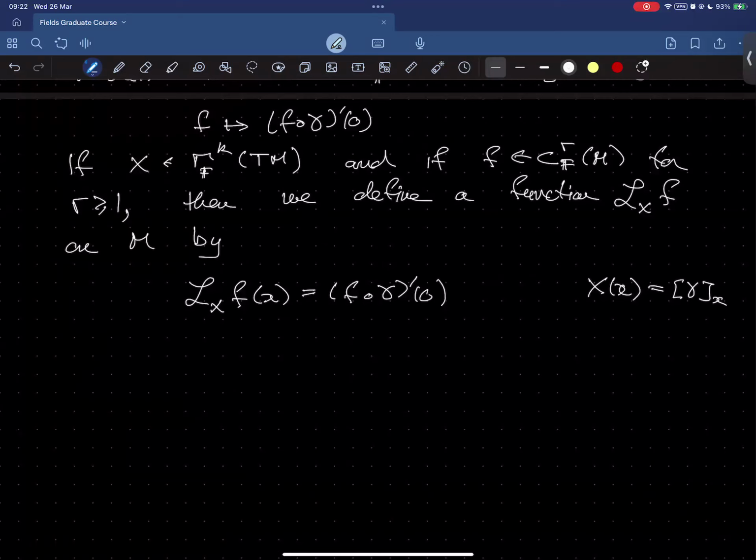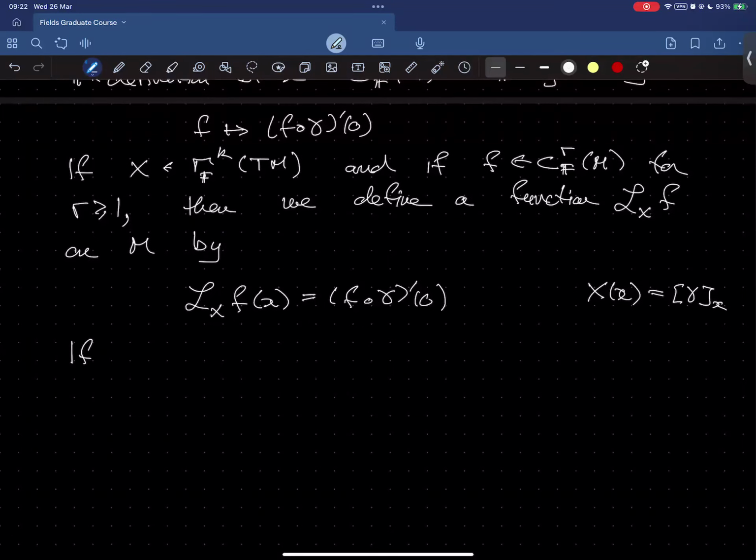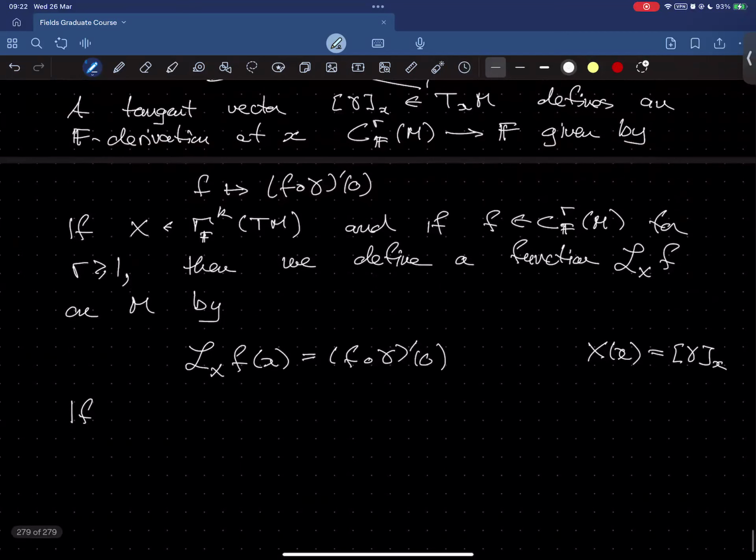All right. And so we saw formulas for these things. When we talked about this derivation, we showed that it was a derivation by writing it down in a chart. And if you go back and look at the chart verification of the derivation property, there's a nice formula for this.